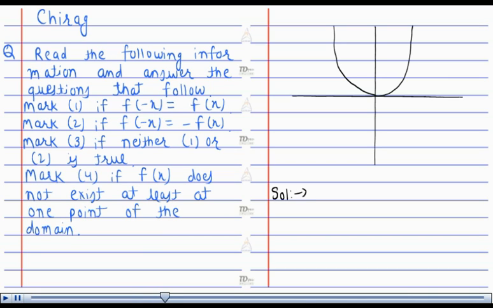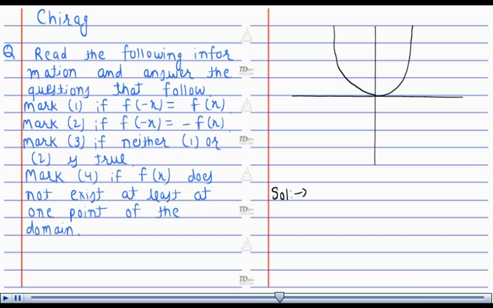This question is based on the concept of even and odd function. A function is known as even function if graph of that particular function is symmetric about an axis, and a function is known as odd function if graph of that particular function is symmetric about opposite quadrant. For example, 1 and 3 or 2 and 4.